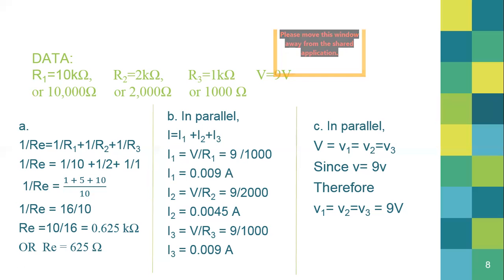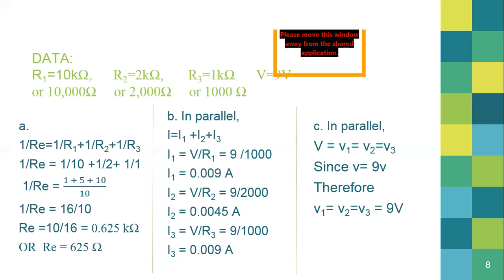Cross multiply in this equation, or write the reciprocal of the equation. 1 upon Re means Re, and 16 upon 10 means 10 upon 16. After dividing, we get the answer 0.625 kilo ohm. Keep in mind that we put the values in kilo ohm.